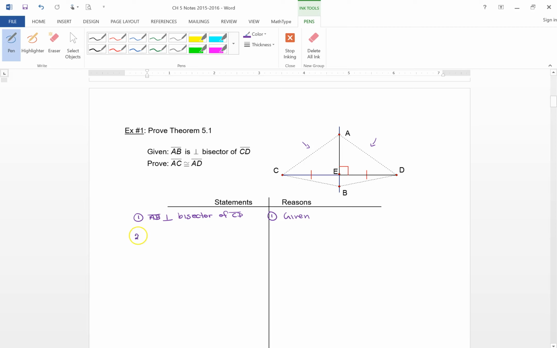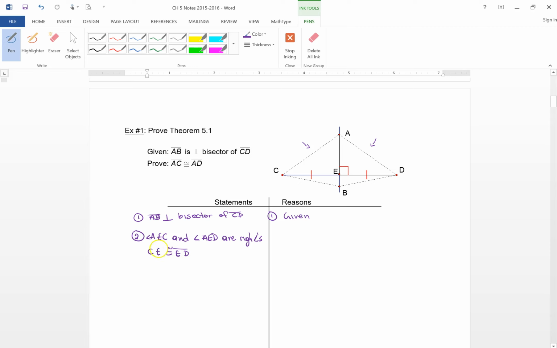So 2, I can say angle AEC and angle AED are right angles. I can also say that CE is congruent to ED.